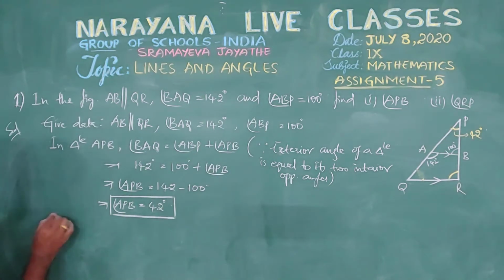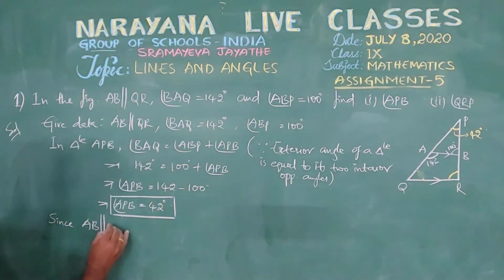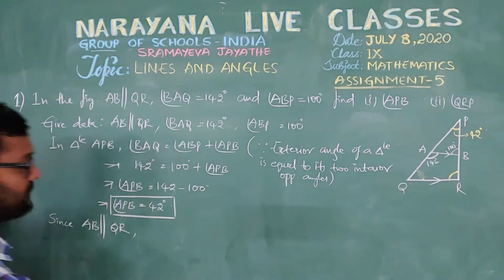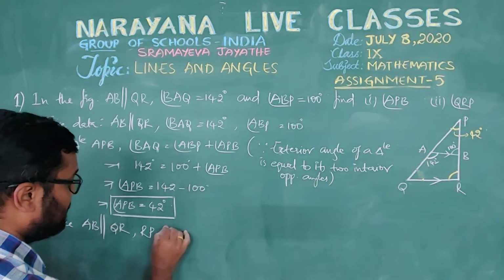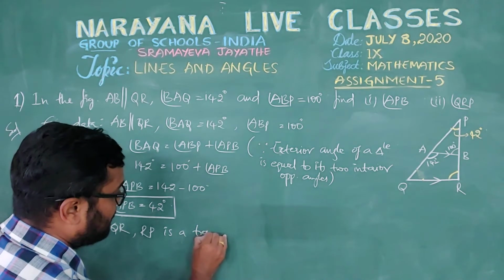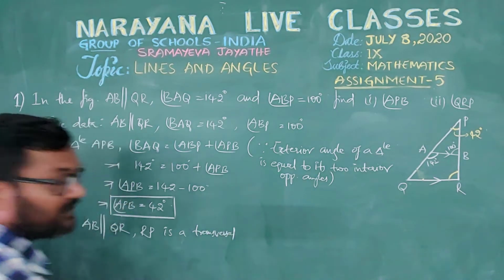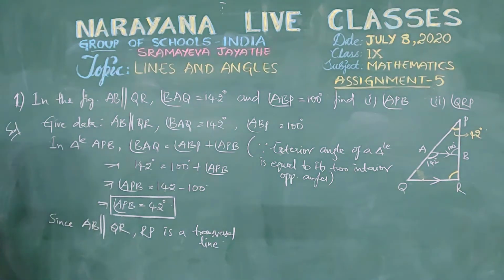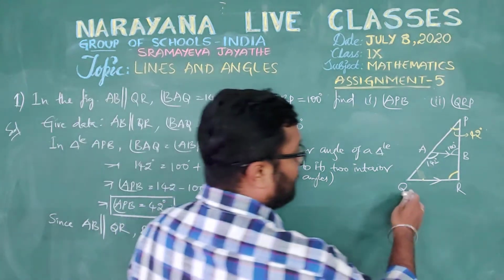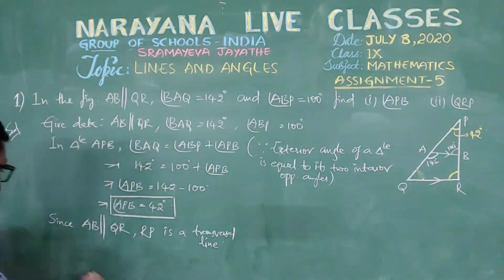Since AB is parallel to QR, and RP is a transversal line, angle QRP is equal to this angle, that is angle ABP.